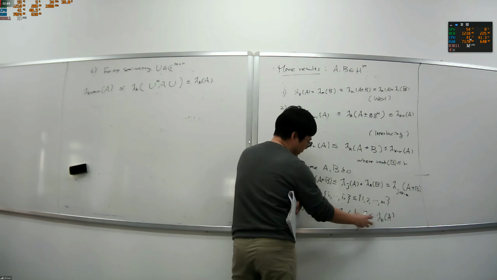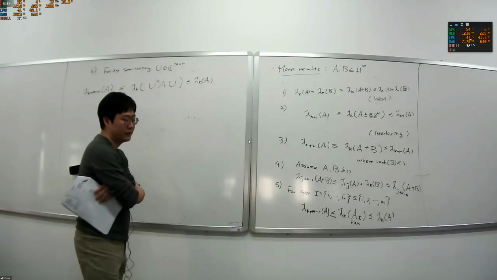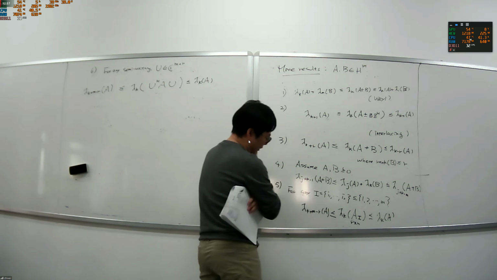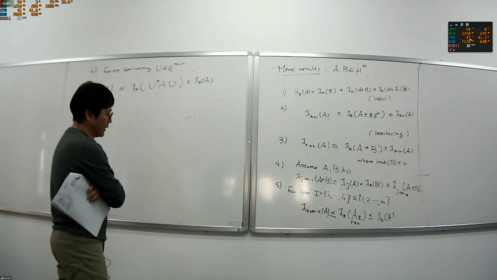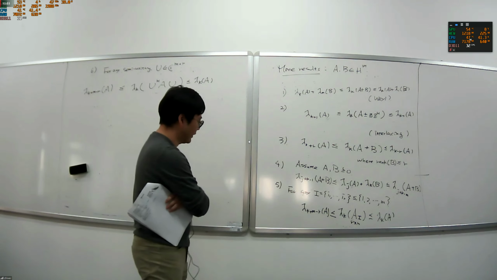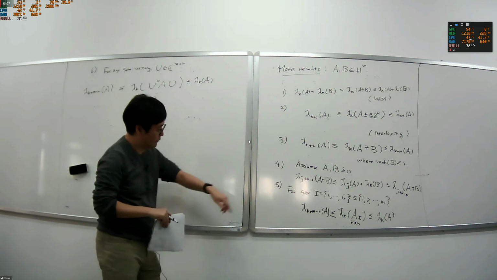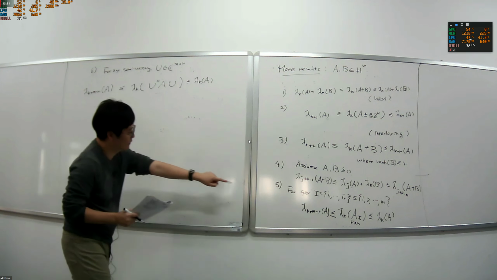You take its eigenvalue and it will not increase, but it's lower bounded by the (k plus m minus r)-th eigenvalue. This one is actually an application of this one.